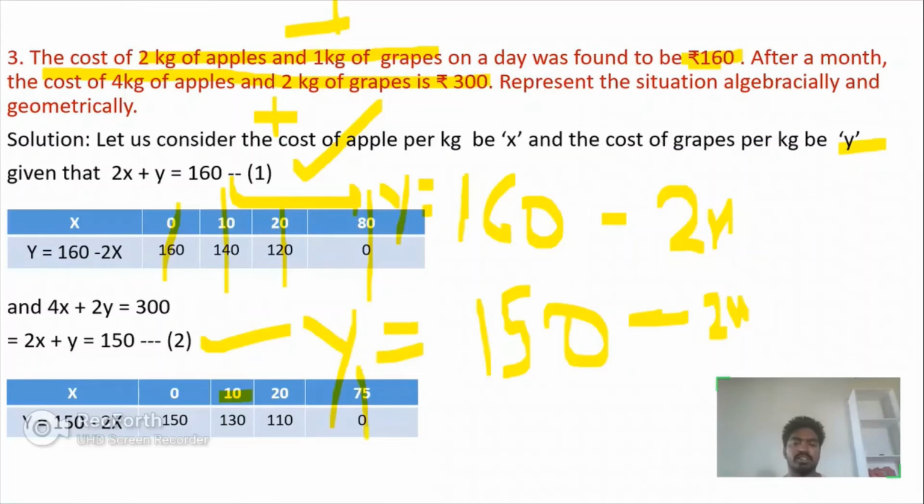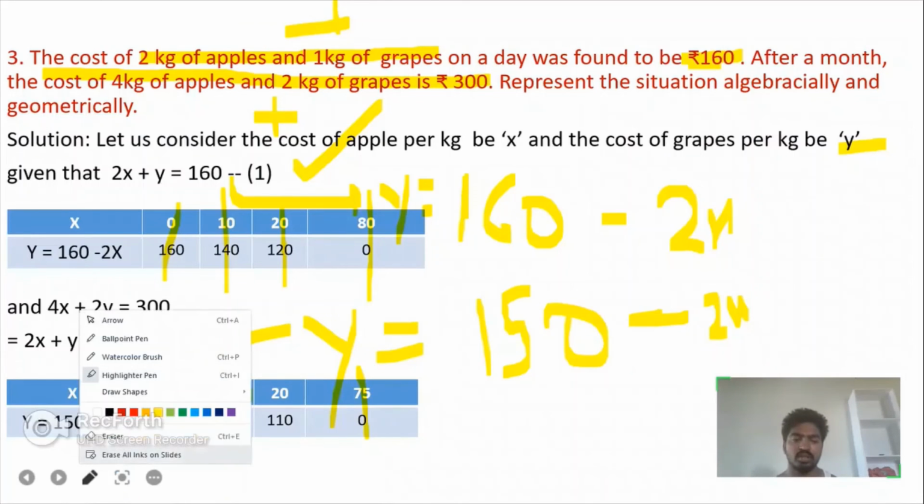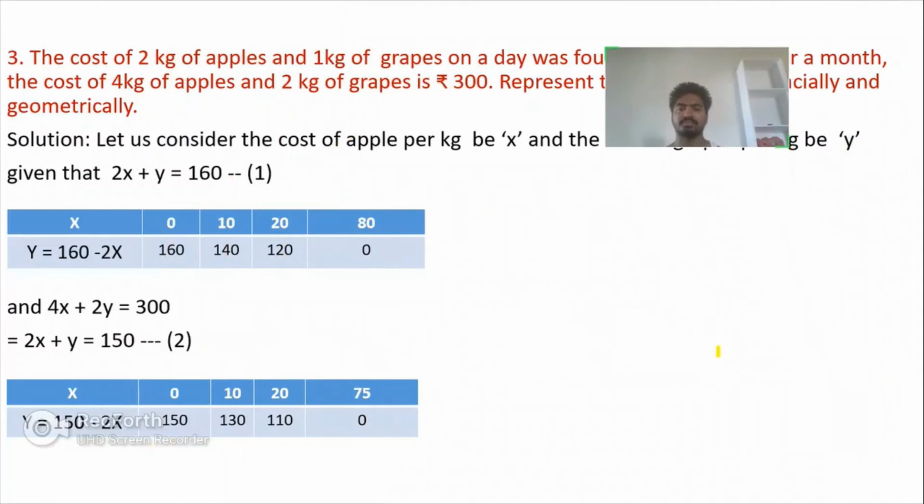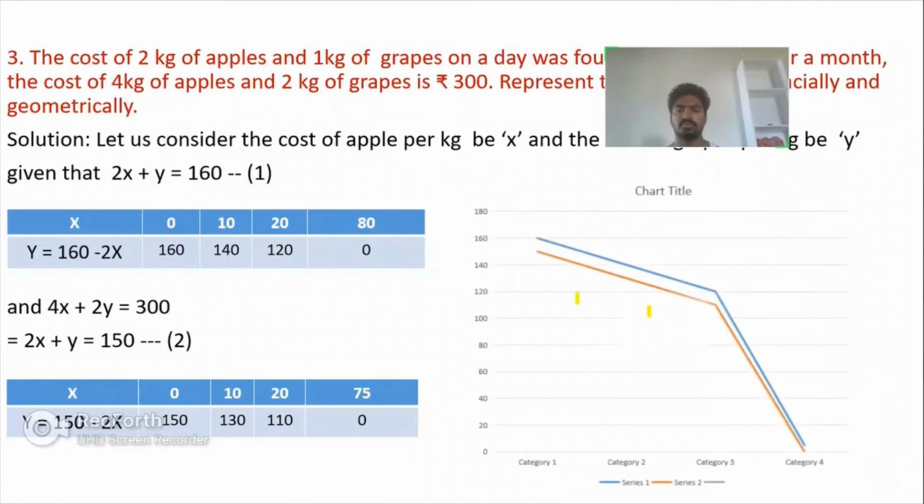So if I want to plot all these points in a single graph, then I can see the relationship between these two line equations. If we represent all these points in a single graph, the graph looks like this.